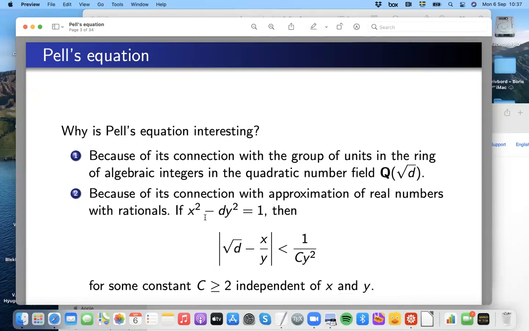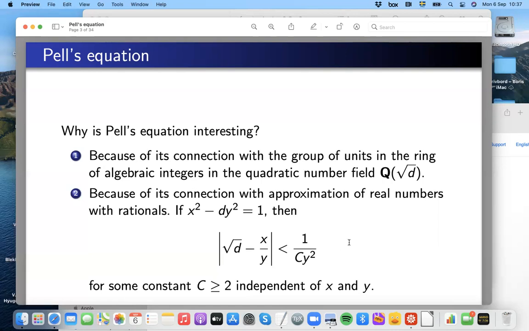If you have a solution of Pell's equation, x squared minus d y squared equals 1, then you can also deduce that the absolute value of the square root of d minus the quotient x divided by y is fairly small. It's smaller than 1 over some constant times y squared, where this constant has nothing to do with x, y, or d. So that's important. You can approximate the square root of d by a rational number fairly well.